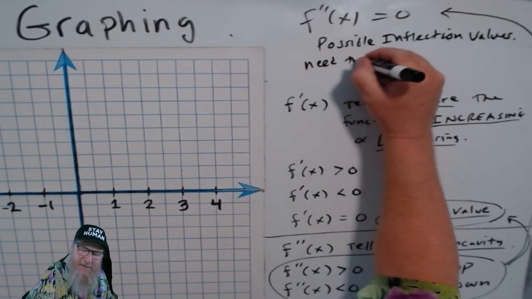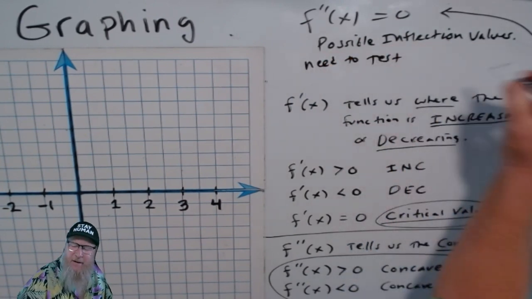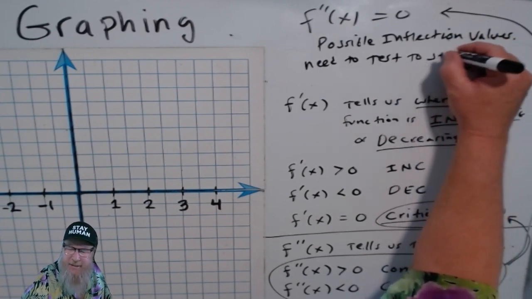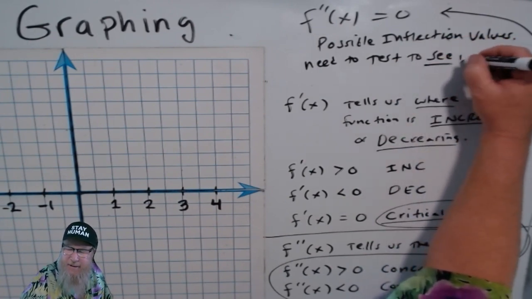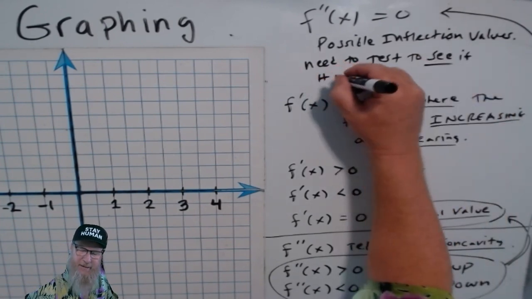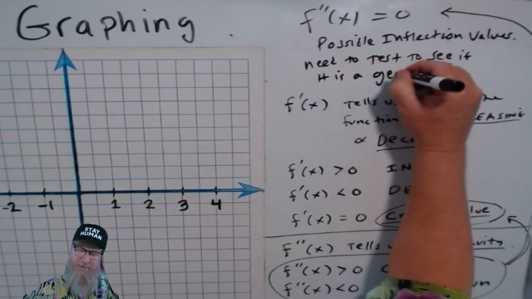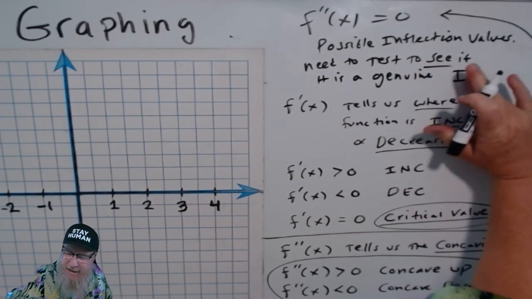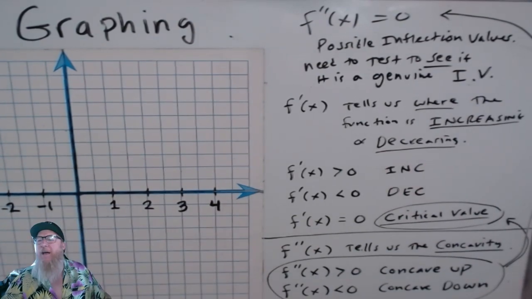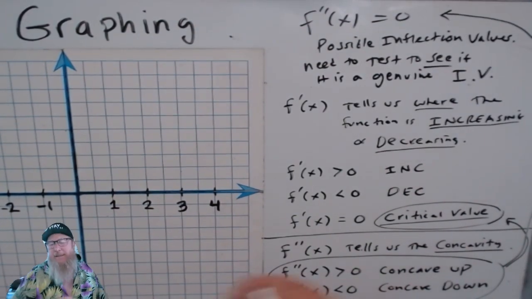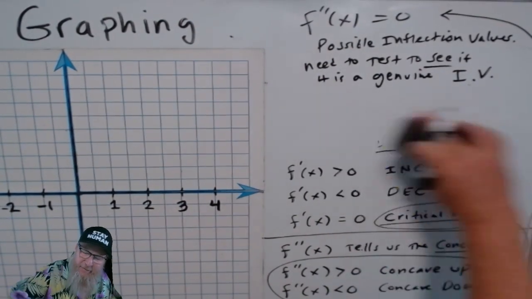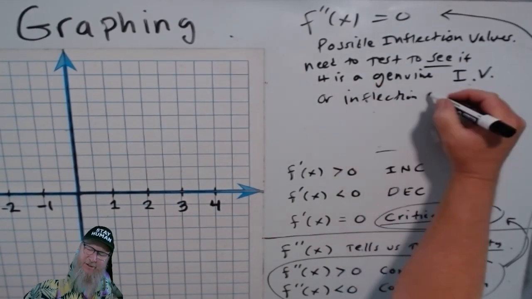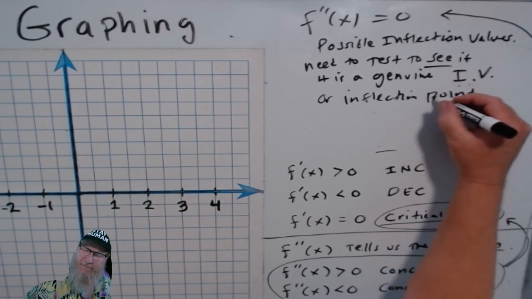We would need to test to see if it is a genuine inflection value, or inflection point. Sometimes we refer to it as an inflection point. I do use the word point pretty loosely.